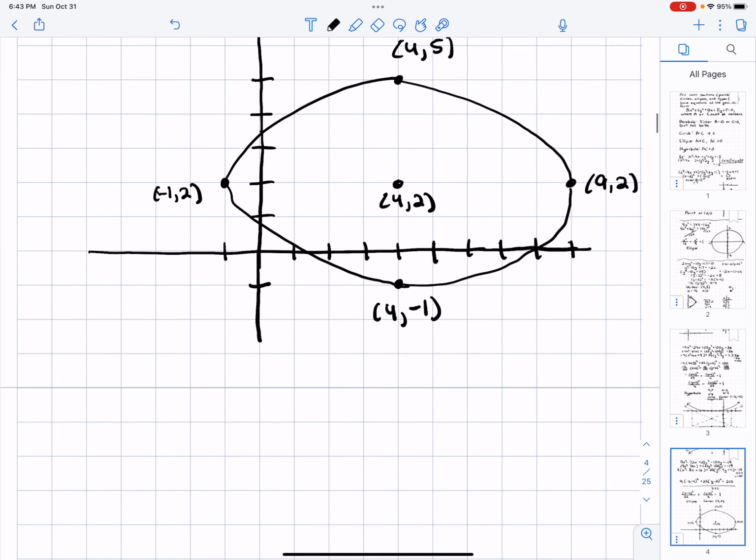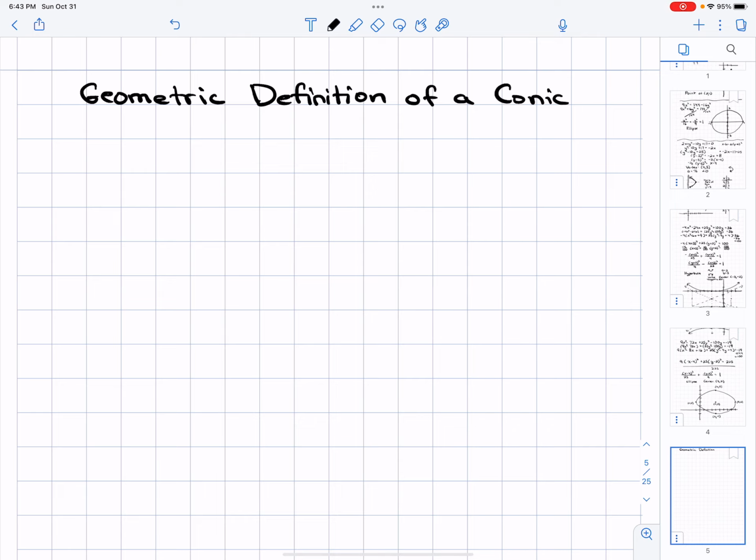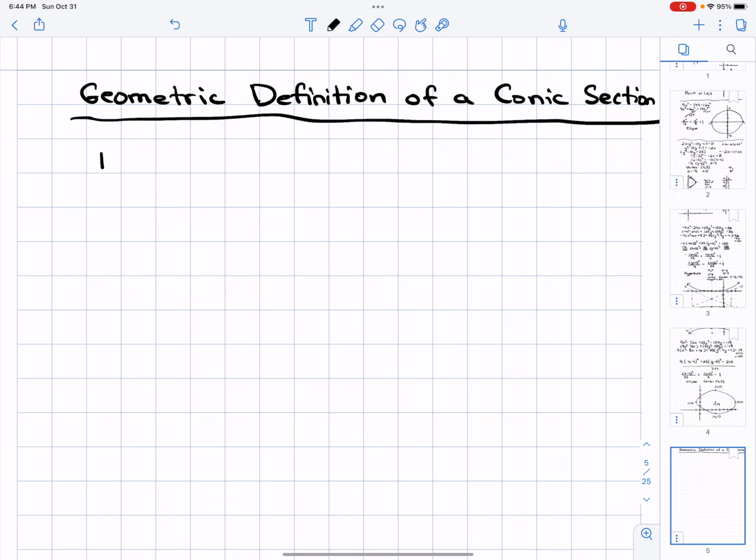Okay, let's wrap this up with a quick summary on eccentricity. In your book, they say it's the geometric definition of a conic section. All right, so you have a fixed point F. That's the focus.